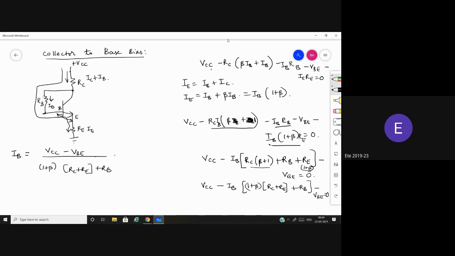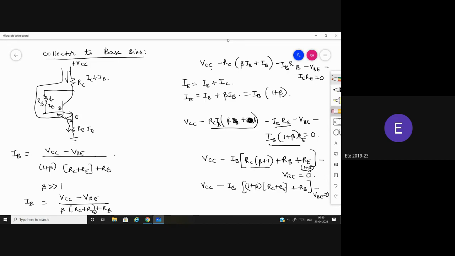And we know that beta is very high compared to 1. So on that basis, we can write IB is equal to VCC minus VBE divided by beta into RC plus RE plus RB. So this is the required equation for the base current.